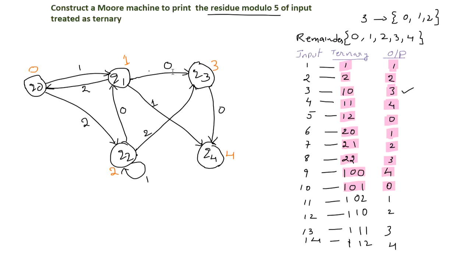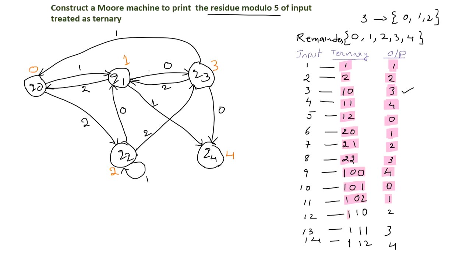With 10 already at Q3, Q3 on 1 reaches the state Q0. The next string is 102 and the output is 1, so it has to reach the state Q1. With 10 already at Q3, Q3 on 2 reaches the state Q1.